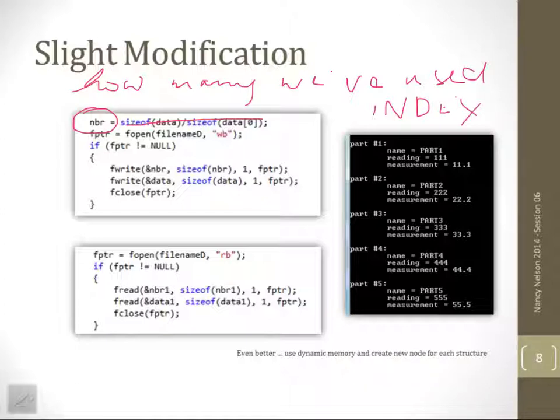So that number should be assigned the index that we've got here. Then, when we write that number into the file, that's going to tell us how many valid structures that we have. So down here, we open our file. The first thing we read is how many structures we have, and we can load those in. We now have a value, number 1, that will tell us how many elements to print.